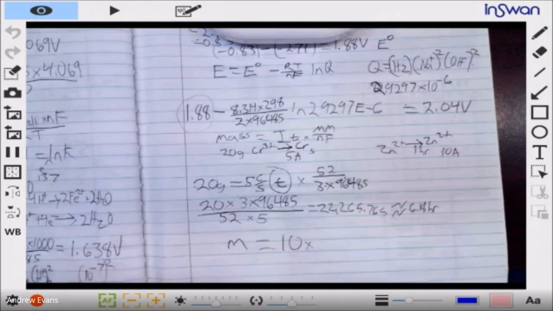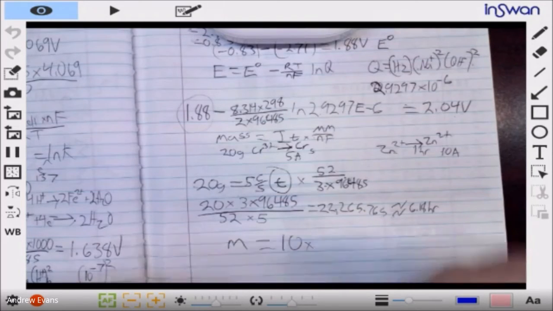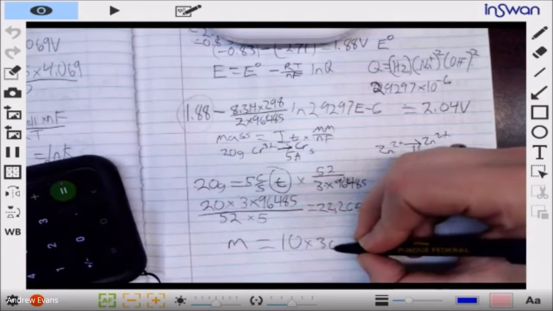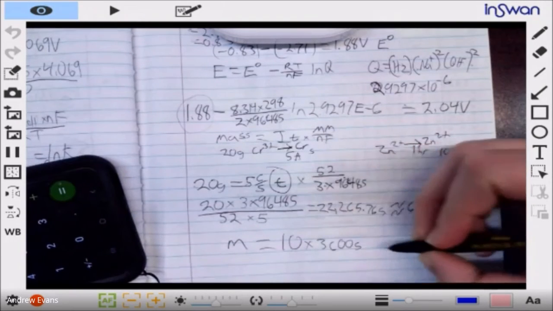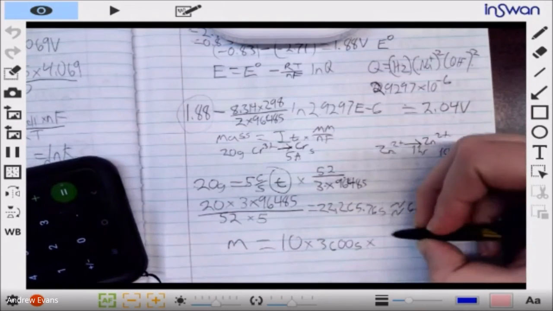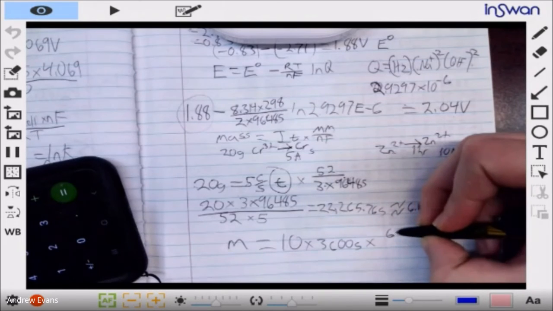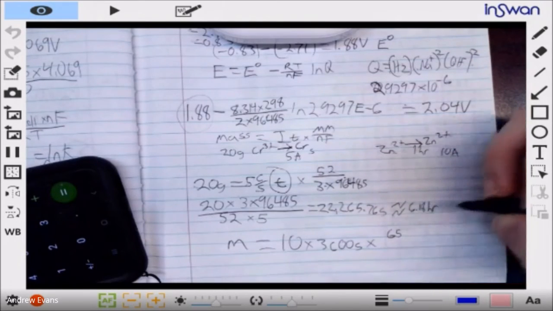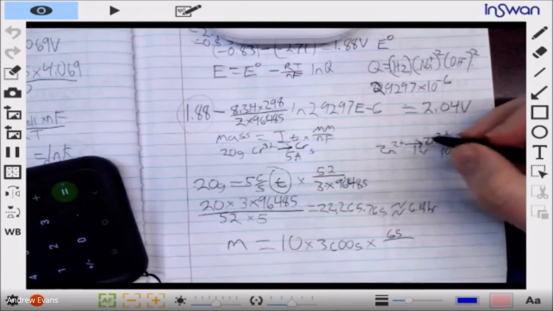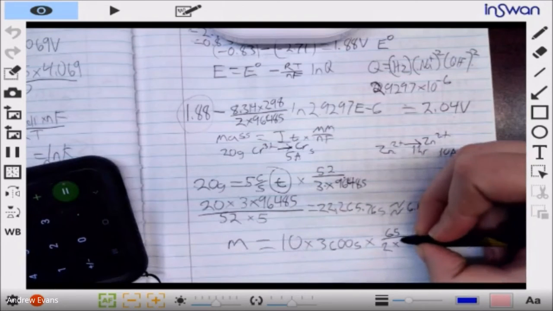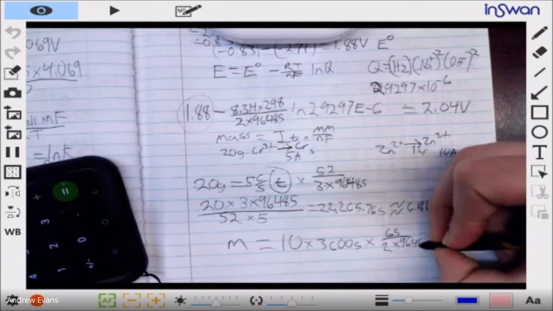So we need to turn 1 hour into minutes and 1 minute into seconds. So you'd have 3,600 seconds. The molar mass of zinc, I'm pretty sure it's like 65. We'd have to take 2 electrons, 96485.